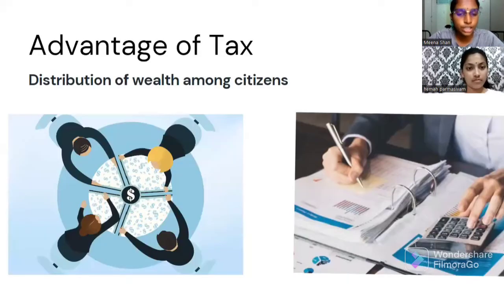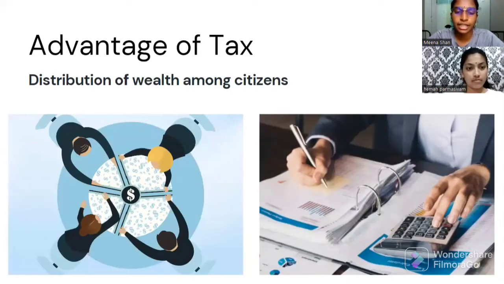Tax also redistributes wealth between taxpayers and individuals who receive government assistance, which means that when a person receives a higher salary, they tend to pay more money to the government. This helps to balance out the lifestyle of the citizens of a country.